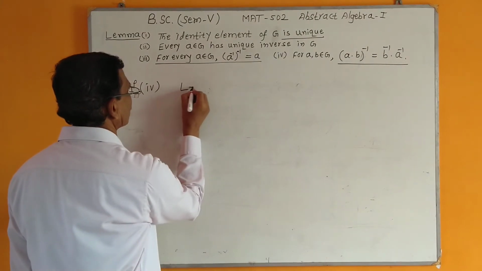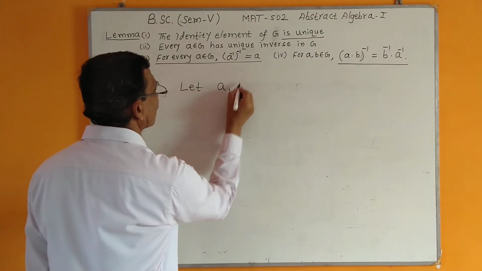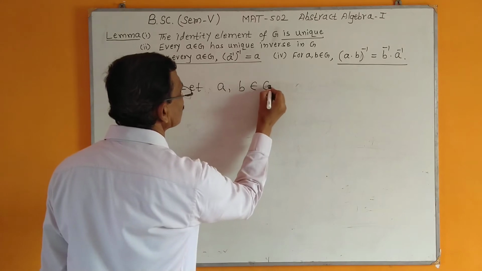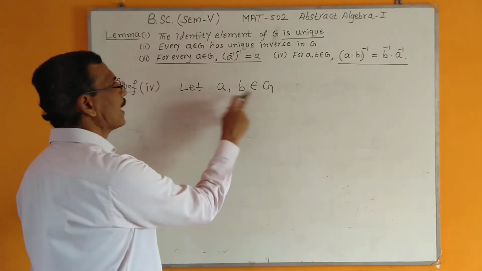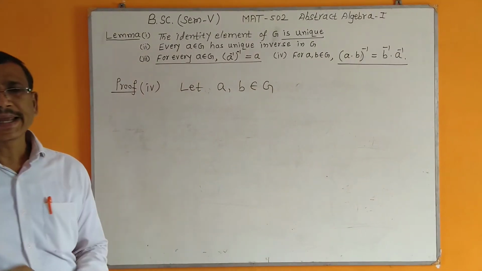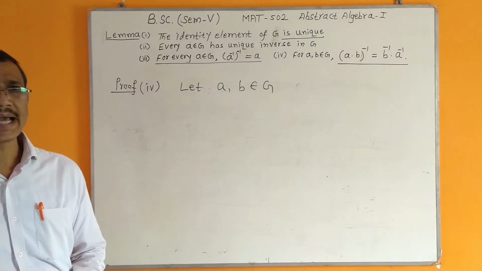Now for that purpose we consider A and B belonging to G. As A and B are elements of the group G, every element of the group G has an inverse by the fourth condition of the definition.